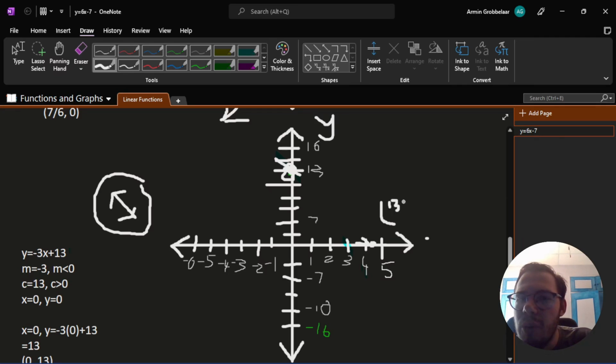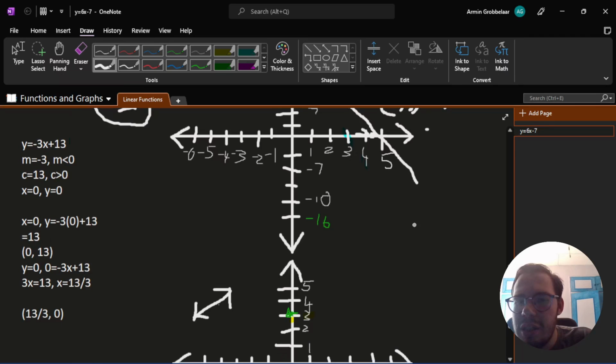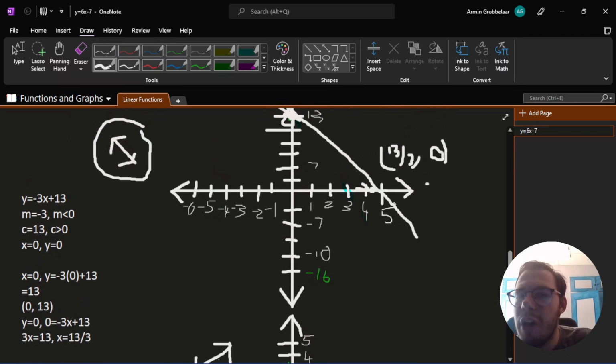And I would suggest to label all your points because maybe they'll give a mark for labeling your points. Here you can easily see that the point is between 4 and 5, but you can't see the exact value.